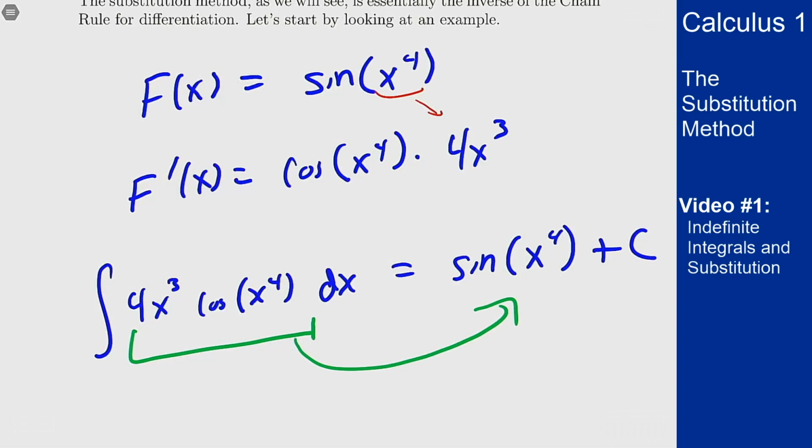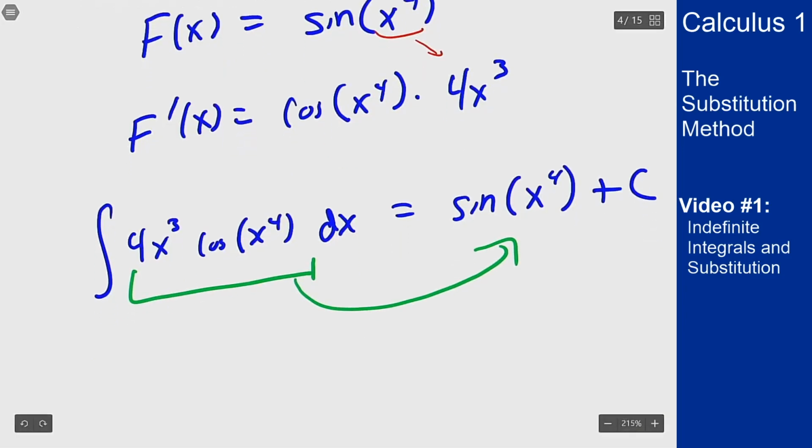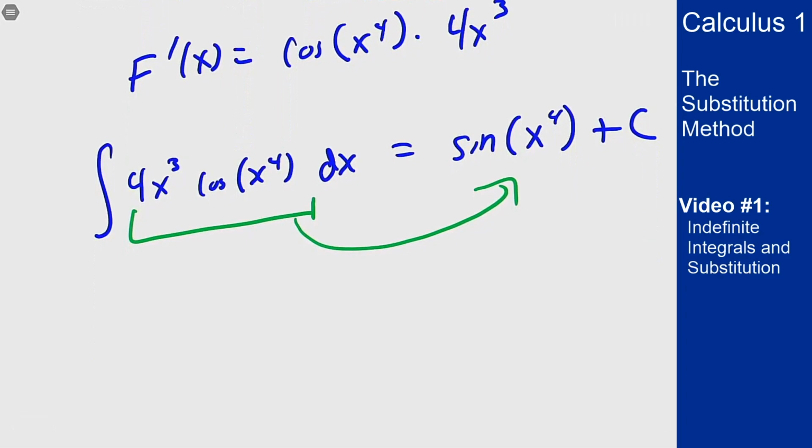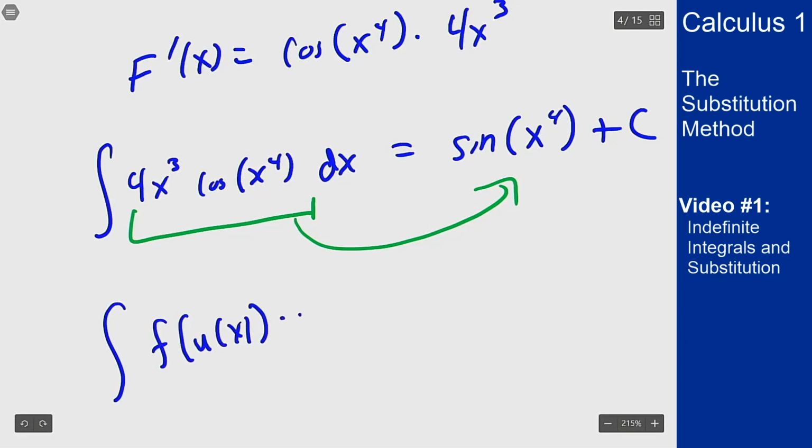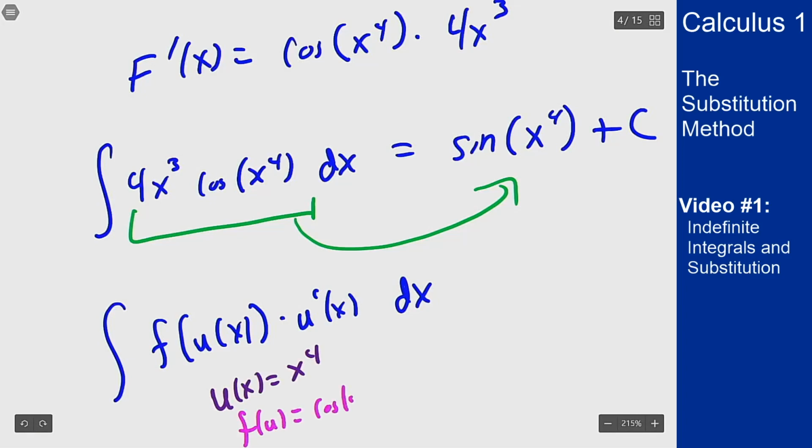The idea behind that is the substitution method. How can I rewrite this integral on the left? This integral can be written as the integral of some function f of u of x times u prime of x dx, for u of x being x to the fourth and my function f of u being cosine of u.